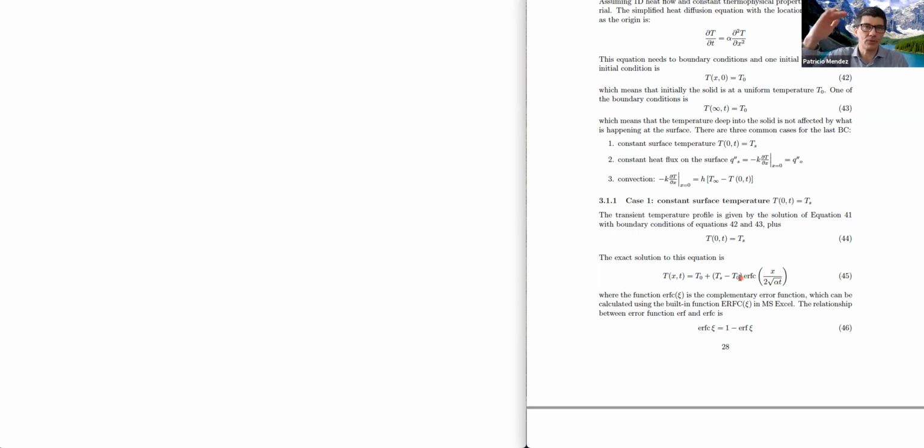This is the jump between surface temperature and this initial temperature, times this function here, this erfc, that sounds as if somebody's choking, right? This is the complementary error function. It sounds like a mouthful, right? So I'll tell you 2 things about it. Number 1, a complementary error function looks very much like a decaying exponential.